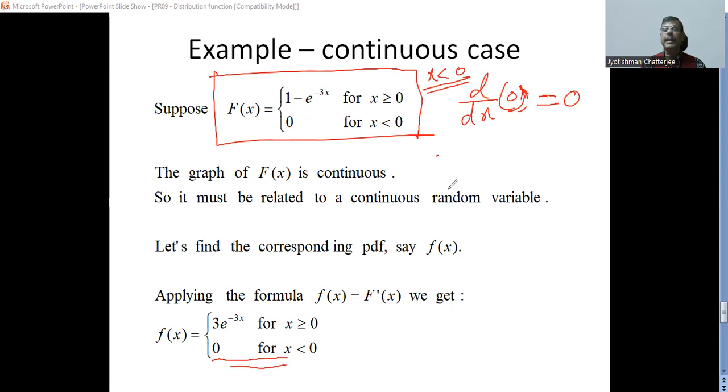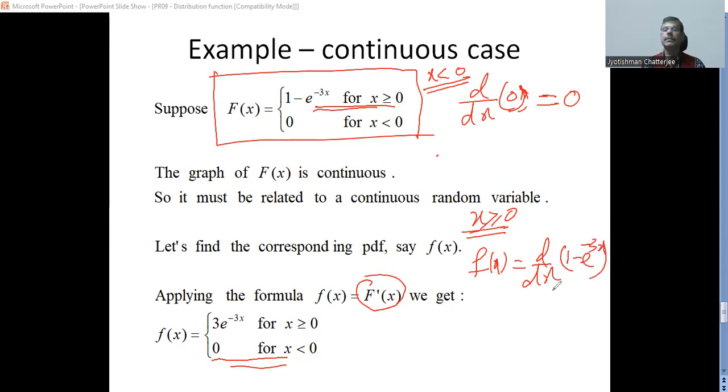And for x greater than or equal to 0, what happens? Here again, we need to take the derivative of which part? We anyway need to take the derivative of capital F, right? And when x is greater than or equal to 0, we are in this part. So we need to take the derivative of 1 minus e to the power minus 3x, right?